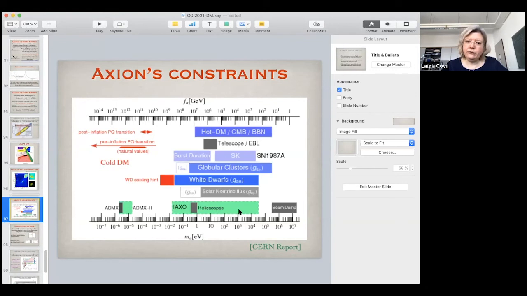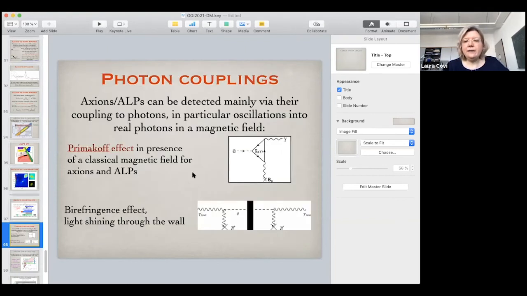And in principle, you point a magnet towards the sun and try to see if there is any transformation of these axions into a photon. So this brings me to the main coupling and also the main ways to detect the axions. The main coupling which is actually used for trying to detect the axion is, of course, the coupling to the photons.